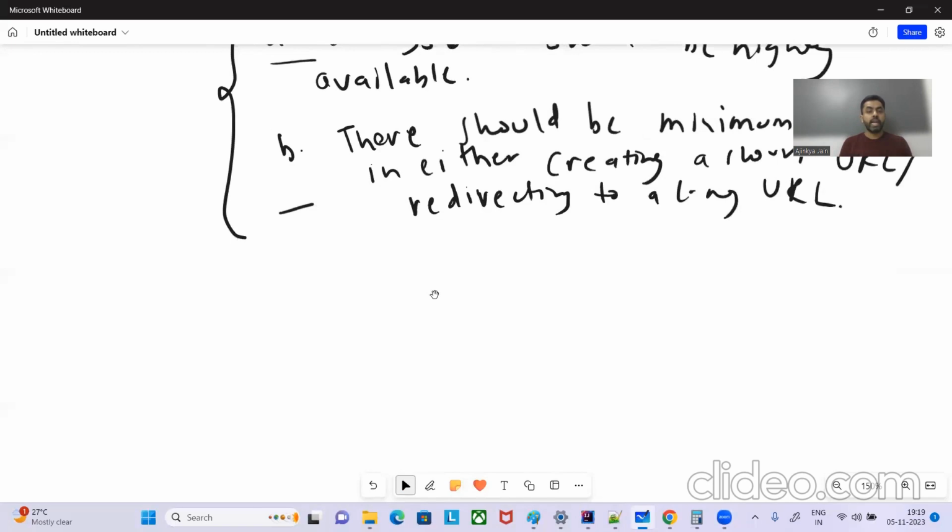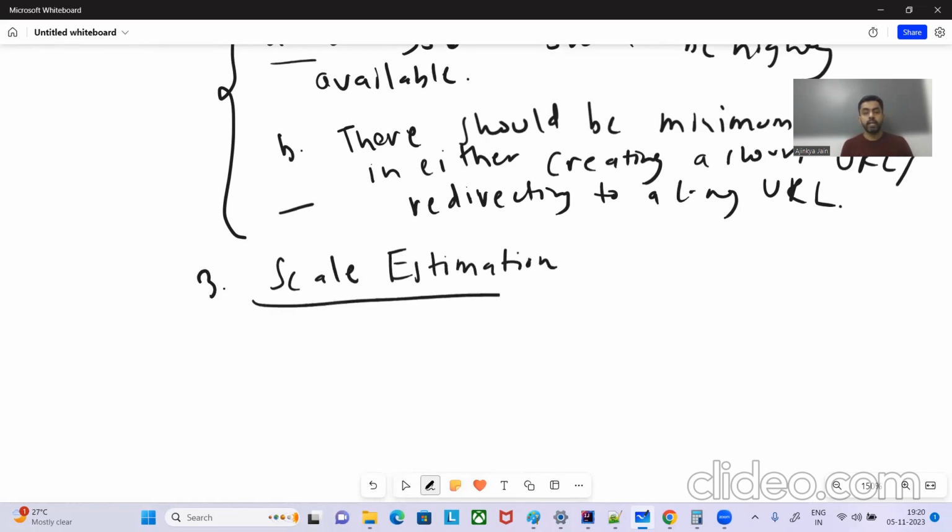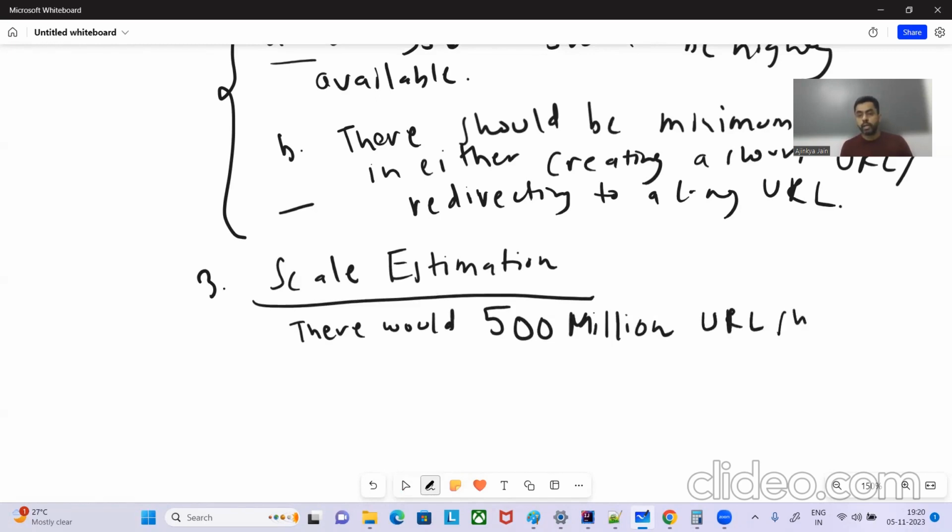So third would be the scale estimation. We need to ask the interviewer what the scale of data is. Let's say the interviewer says there would be 500 million URL shortening requests per month.